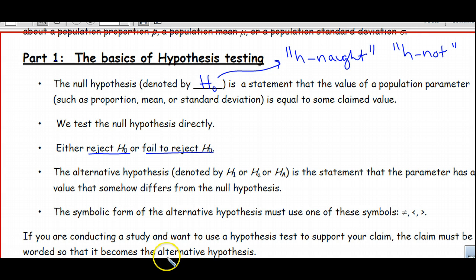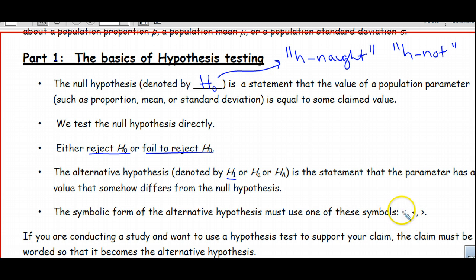The alternative, denoted by H1, HA, or H capital A, our book uses H1, but you may see any of these as the alternative, is a statement that the parameter has a value that somehow differs from the null hypothesis. The symbolic form is going to have less than, greater than, or not equal to.